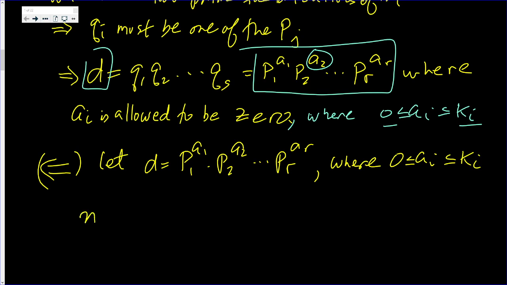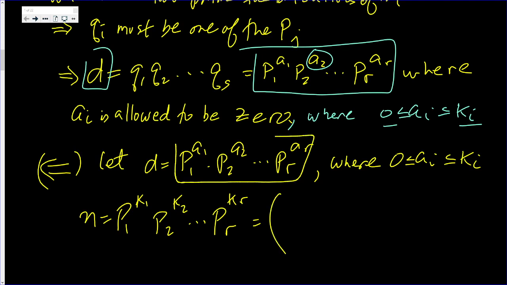We know that N is P1 raised to the K1 times P2 raised to the K2 all the way up to P sub R to the K sub R.